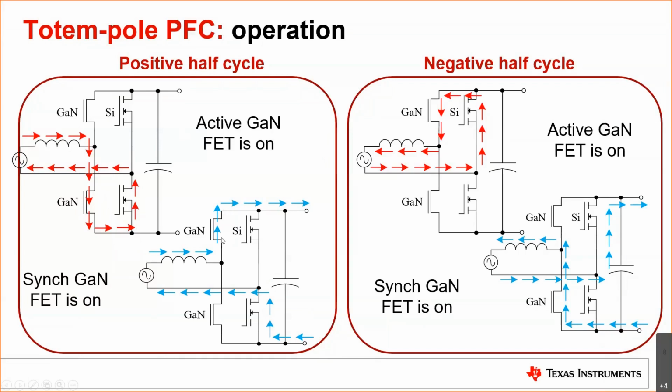And the upper one will then be activated if you want to discharge the energy from the power inductor. And we have the same way around for the negative half cycle, where the higher silicon MOSFET is always turned on, and the pair of the GaN FETs will then switch to charge and discharge the inductor.